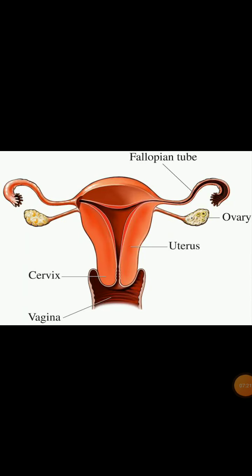So the sperms enter through the vagina into the female body. Then what happens? They travel upwards. And where do they go? They reach the oviduct.